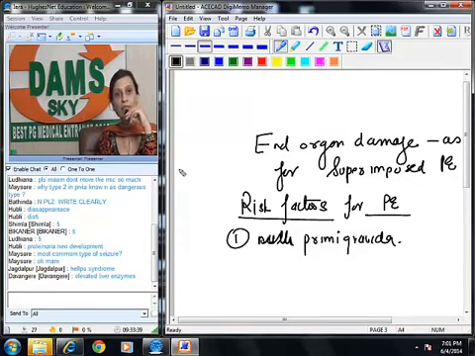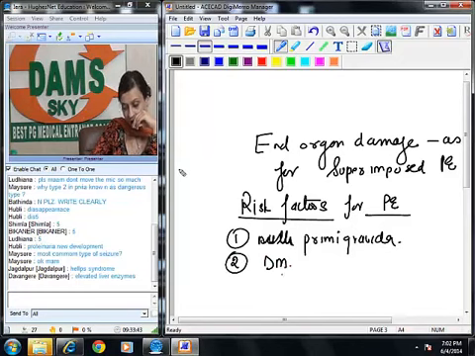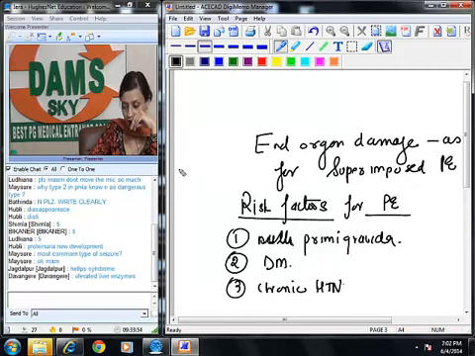It is not common in multigravidas, right? Diabetes mellitus is a risk factor for developing preeclampsia in pregnancy. Chronic hypertension is a risk factor.